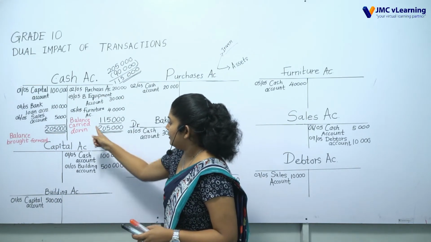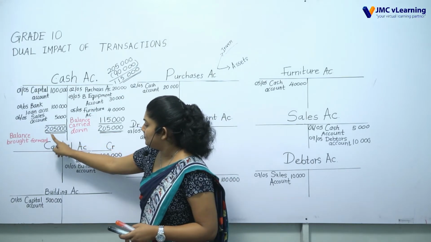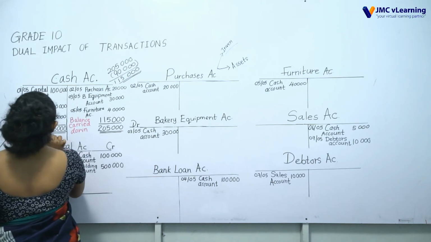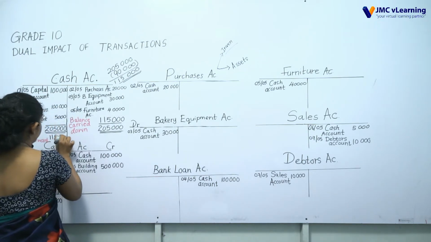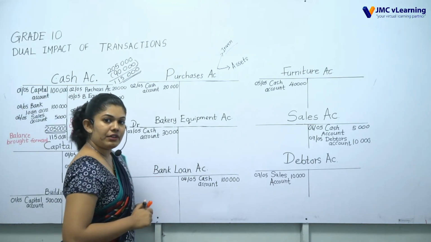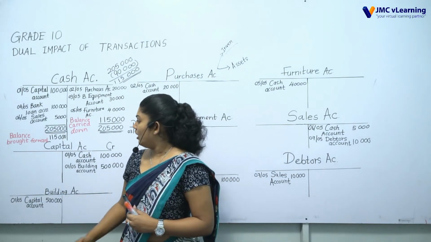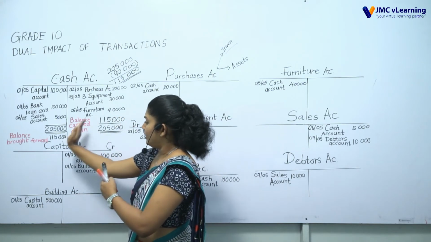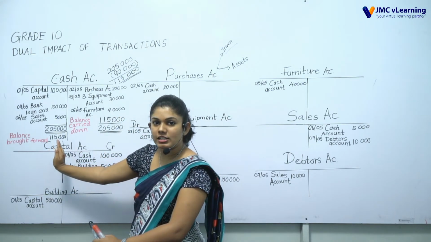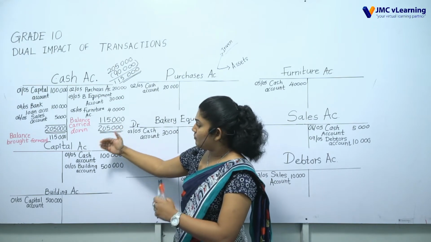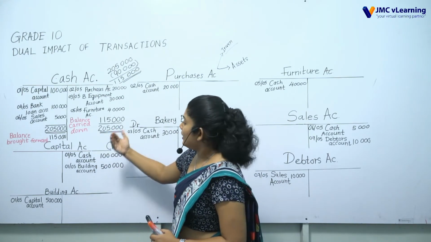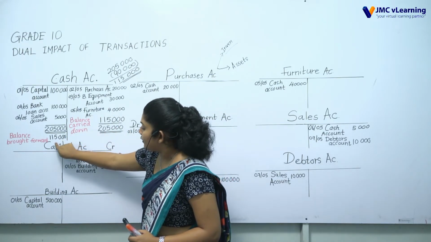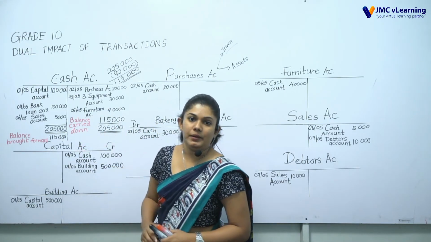We are taking it down to here, this place, 115,000. This 115,000 we call balance brought forward. From here we are taking to here, because the meaning of this is we are taking the balance from one accounting period to another accounting period.